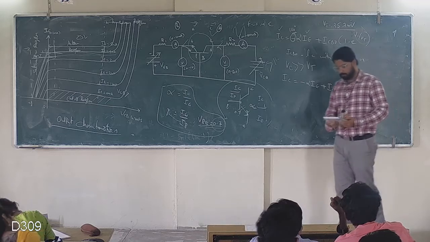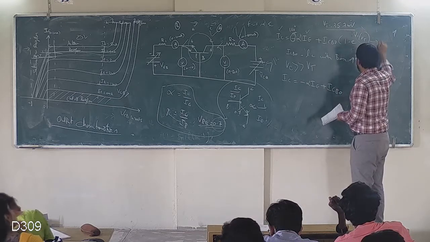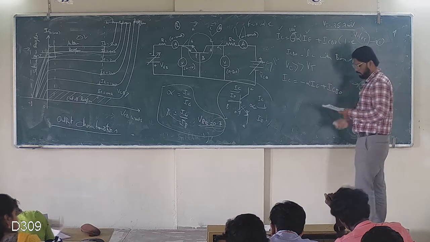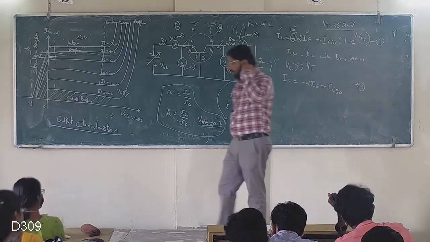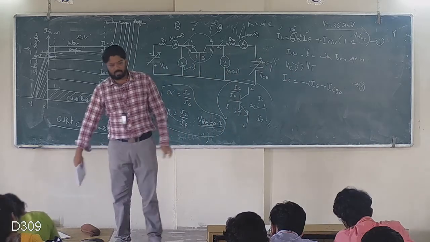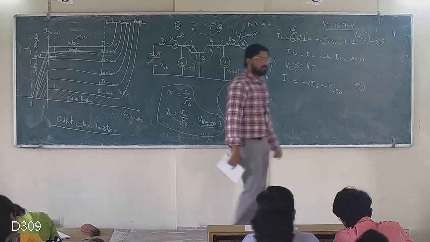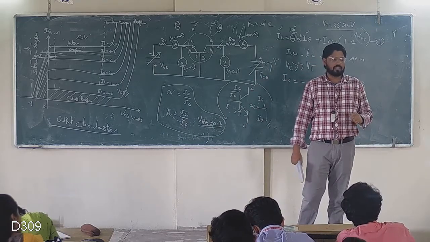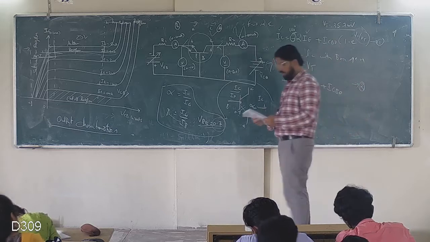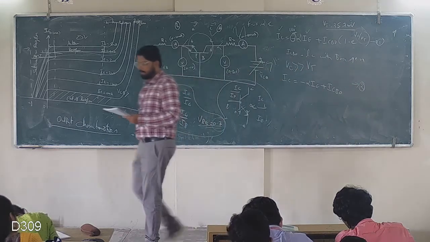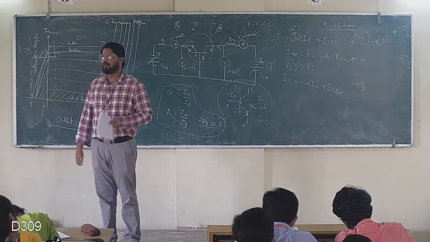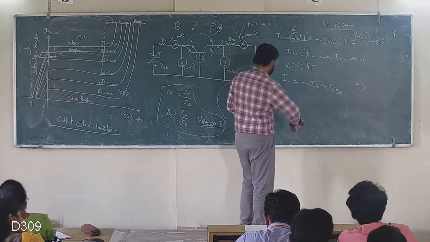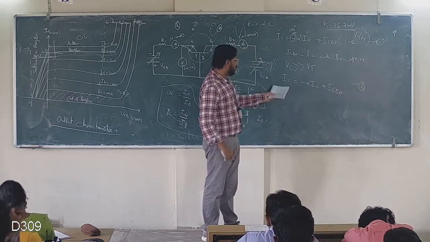Okay, ICBO. Let's say this is equation number 1 and this is equation number 2. Third one: relation among IC, IB and ICBO. From this equation, we have to take this.